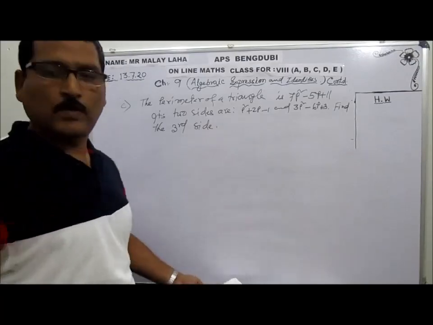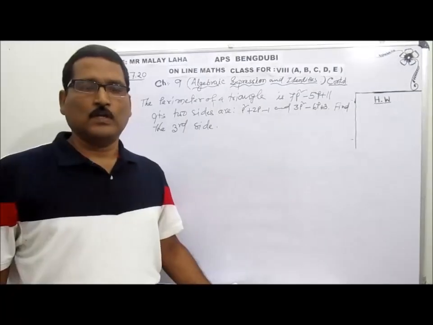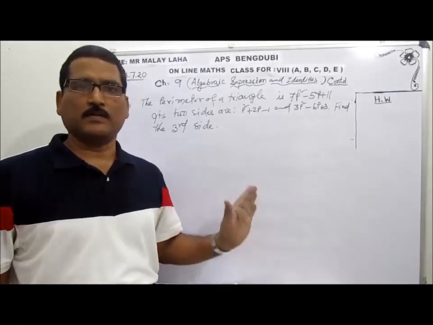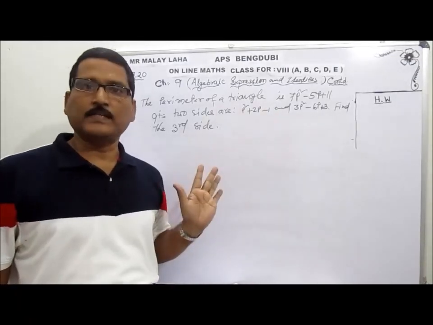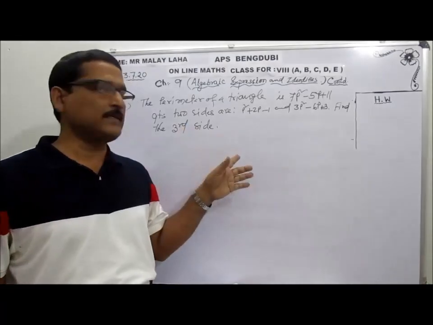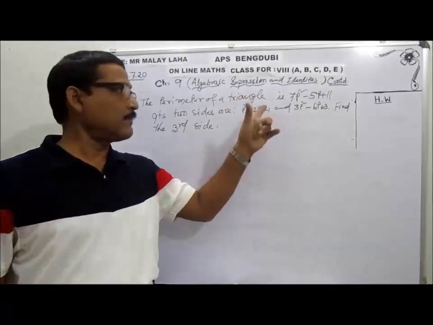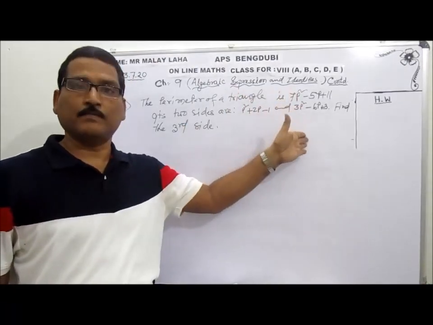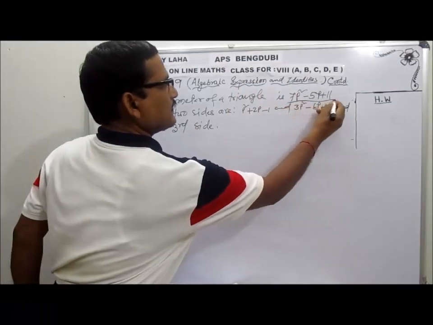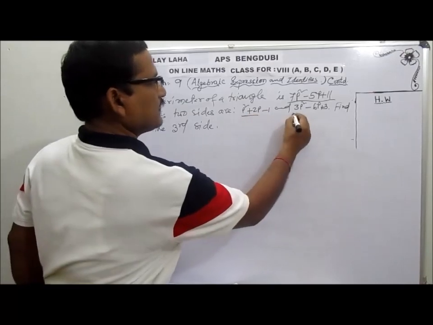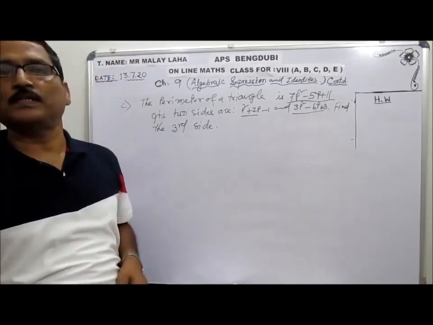So you have done it in geometry also. Perimeter of a triangle means what? Sum of the three sides, and two sides are given. The third side is equal to the sum of the three sides minus the sum of the two sides. We have to find out the third side.